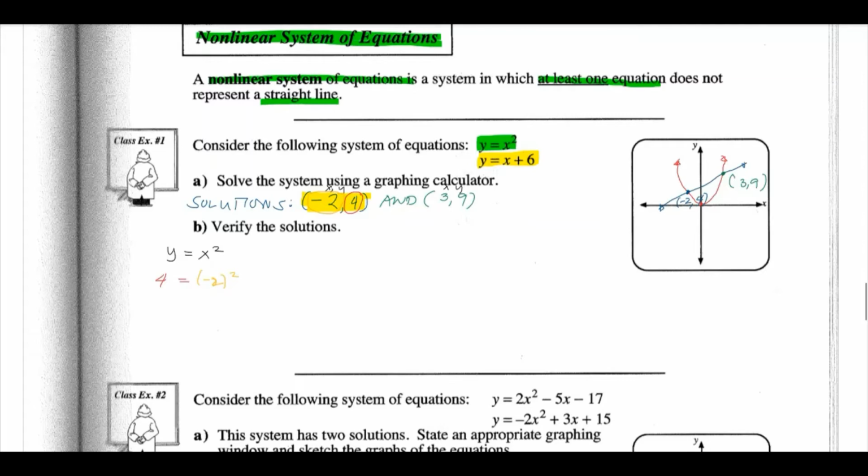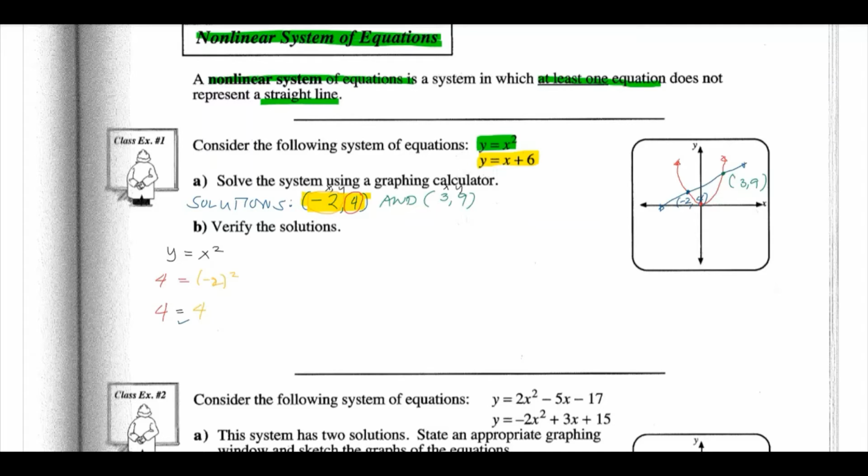You can see that 4 is equal to 4. That means that indeed (-2, 4) is a solution to this quadratic equation, y equals x squared.